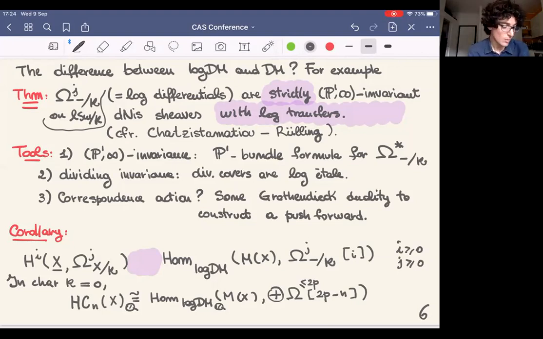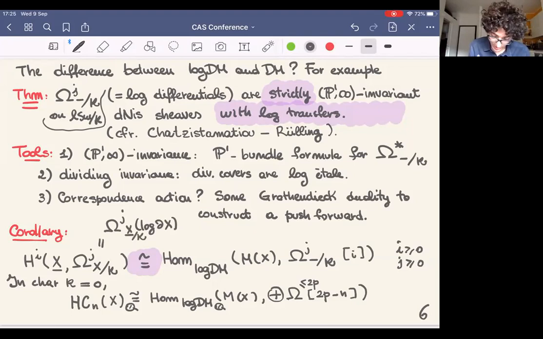Once you put all these things together, you have the following corollary, that the cohomology, and here you can take your favorite topology, they're all equivalent, so the Nisnevich, but also Zariski or Nisnevich, of X underlined with coefficients in omega j X over k. Pay attention to the notation: there is an X underlined as a space, so that's the scheme, and X without the underline is the log scheme. So explicitly, this would be omega j of X underlined, log boundary of X, over k.